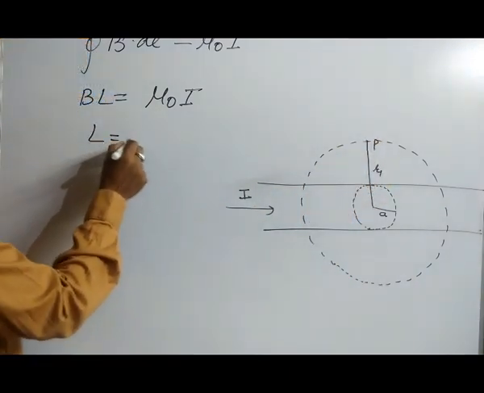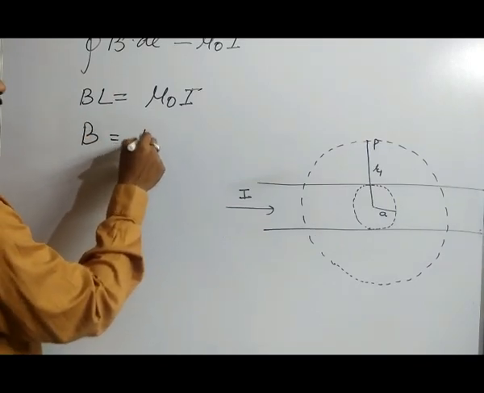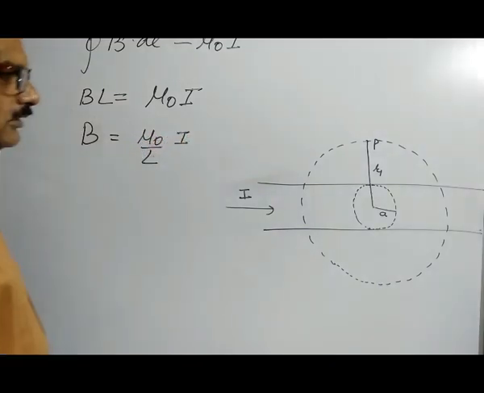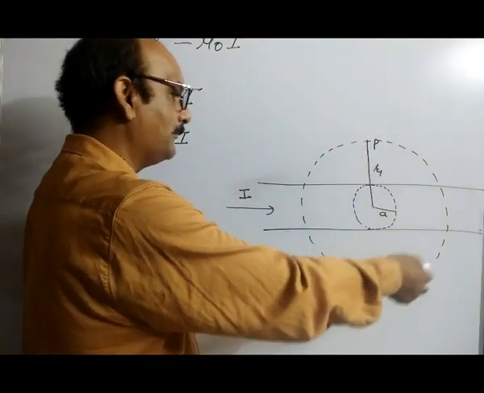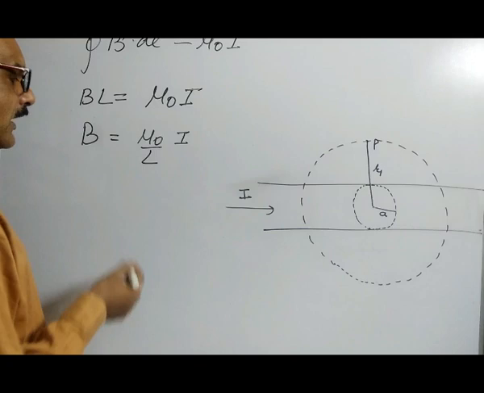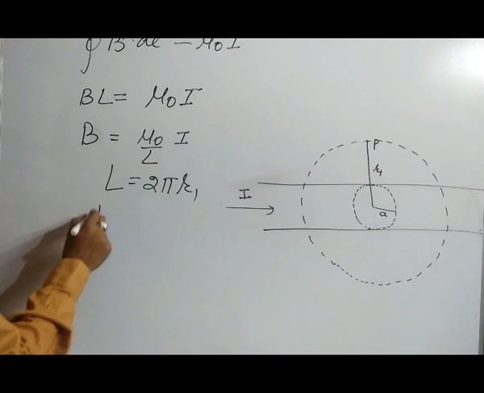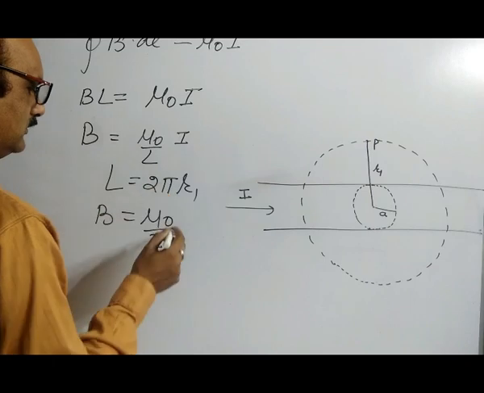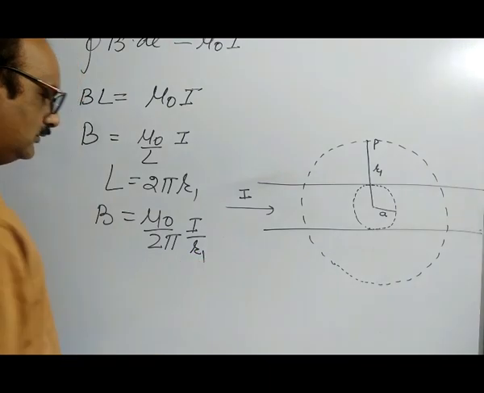Now B equal to mu naught upon L into I. If r1 is the radius of the circular Amperian loop, then the value of L equal to 2 pi r1, that is B equal to mu naught upon 2 pi, I upon r.